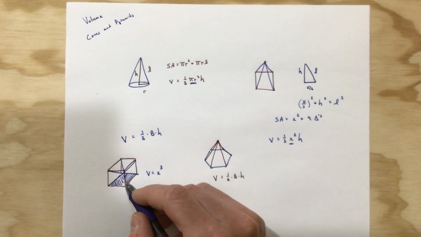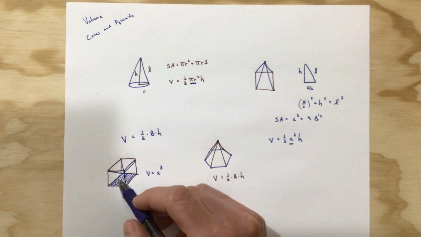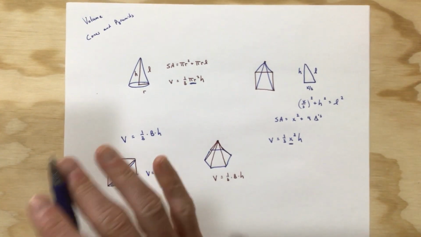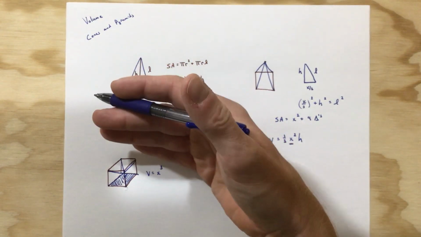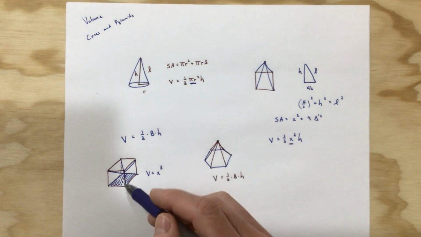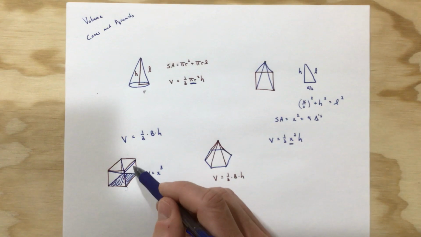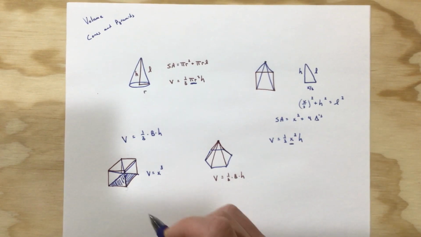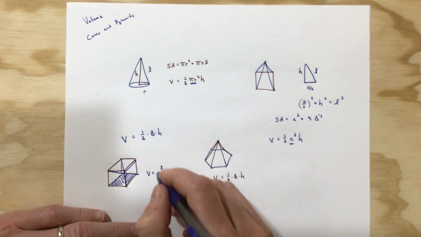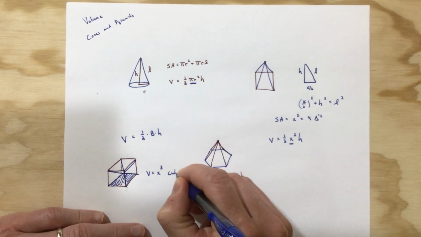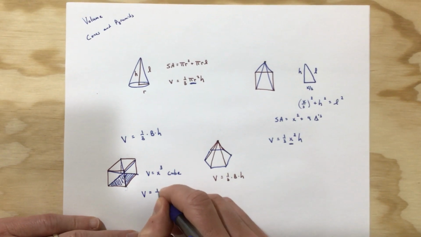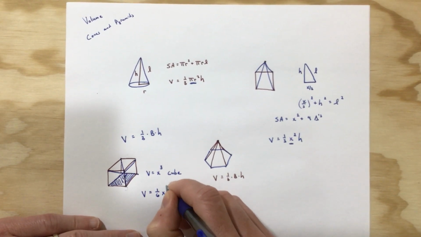So if you take that pyramid and you put it on the left, on the front, on the right, on the back, and on the top, then that pyramid will fill the volume of the cube. Hopefully you can see how that pyramid only makes up 1/6. So this is the volume of the cube. The volume of the pyramid, then, we just proved has to be 1/6 of that.